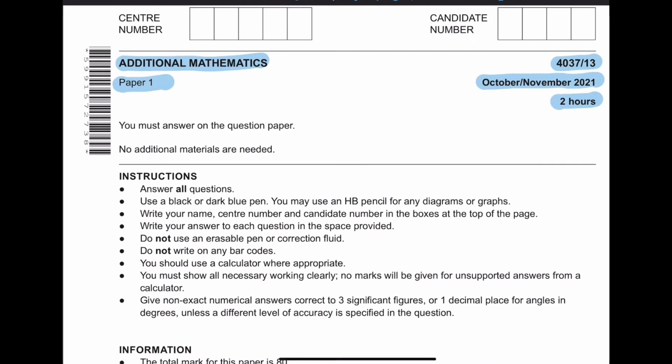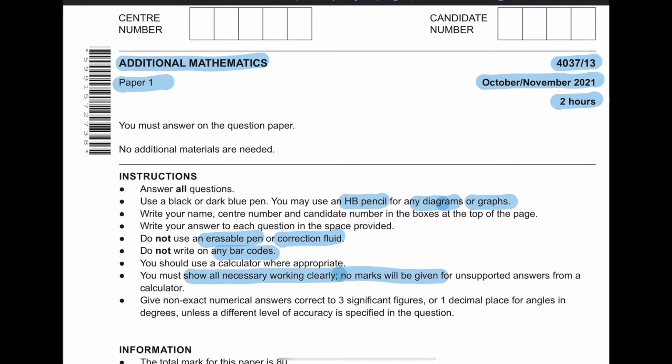As usual, you must use an HB pencil for any diagram or graphs. We cannot use erasable pen or correction fluids. We cannot write barcodes. Then show all the necessary workings clearly.